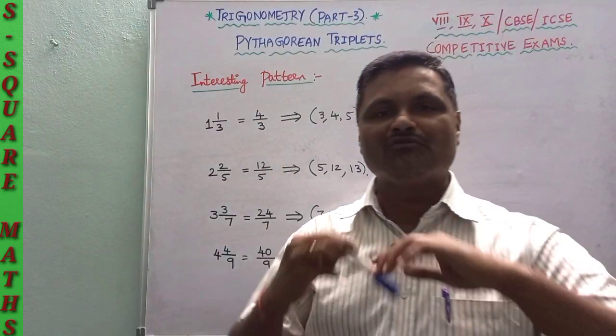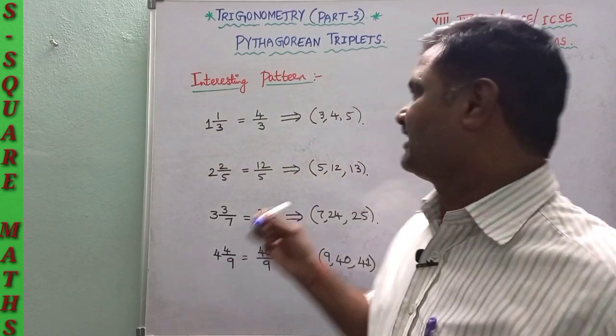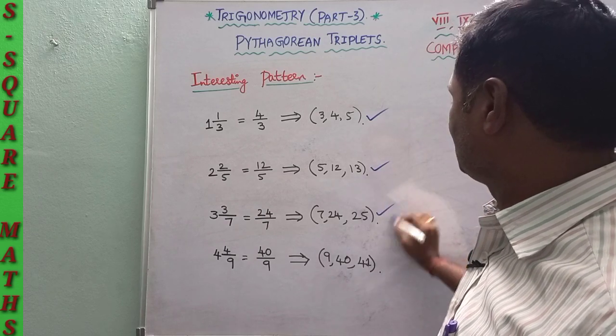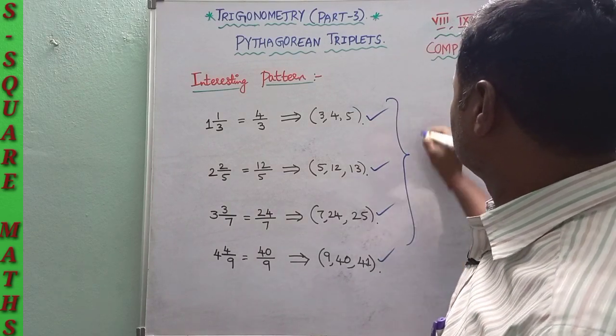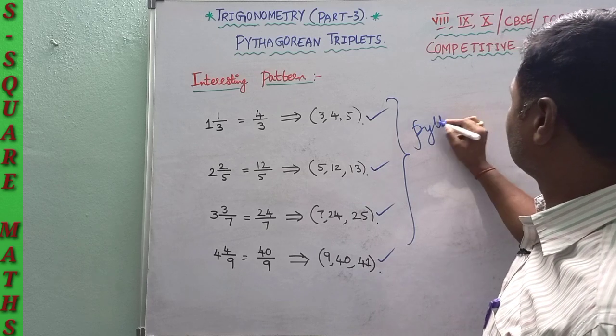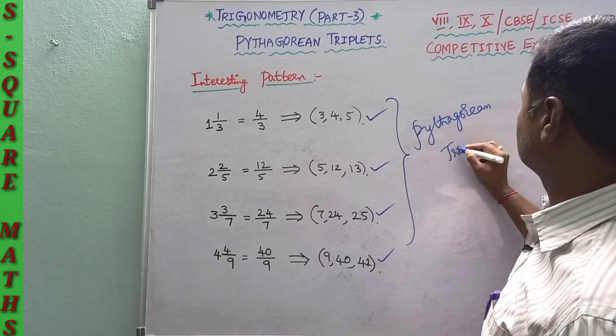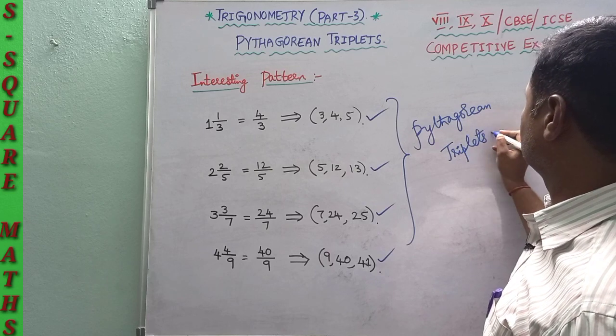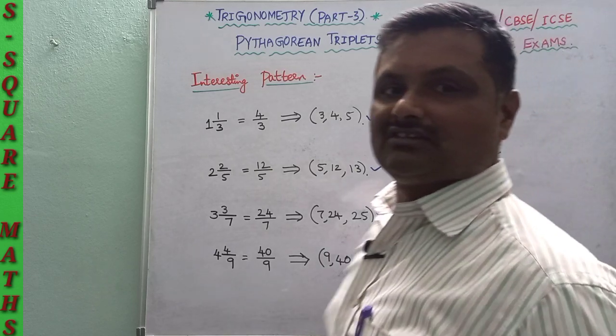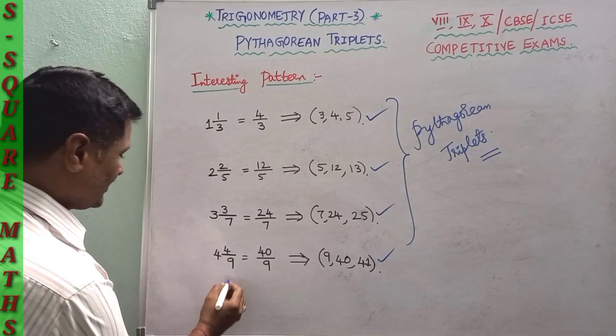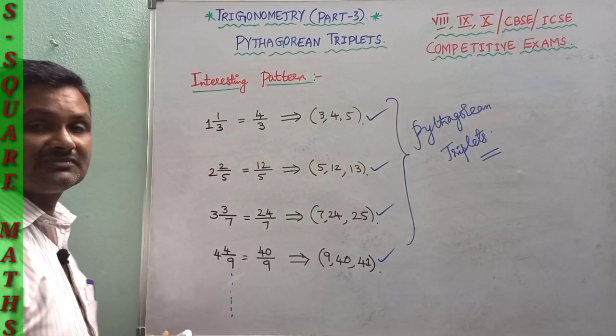If you check, obviously they are Pythagorean triplets. So you can continue also, you can try for the remaining parts.